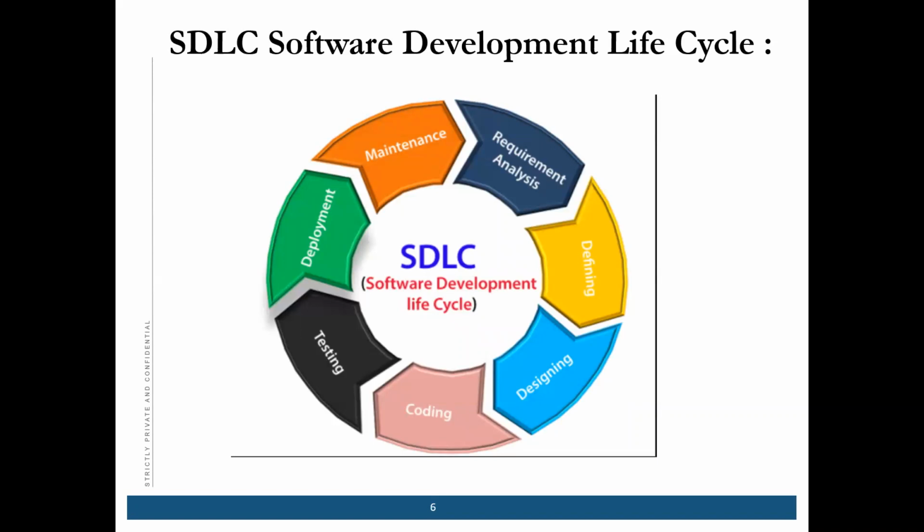Now, what do you understand by SDLC, software development life cycle? Anybody know about this? Can you explain it a little bit? Software development life cycle is a systematic process to ensure the quality and correctness of the software and process.